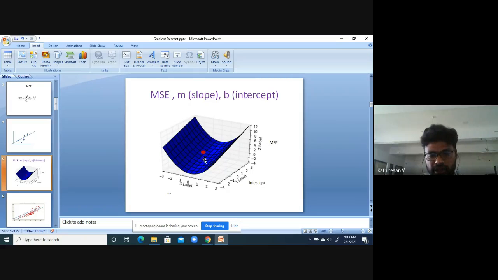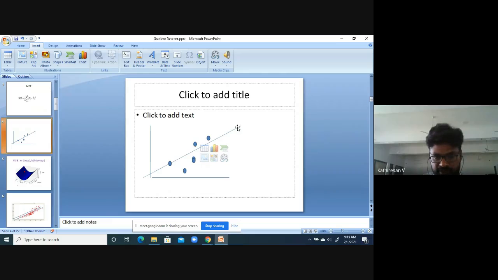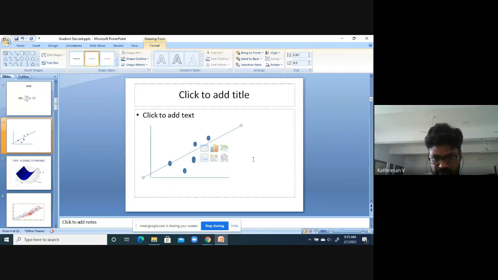See, as we discussed, the value of MSE is starting from here. So MSE is getting down, getting down, getting down, while we are moving like this, in this direction.